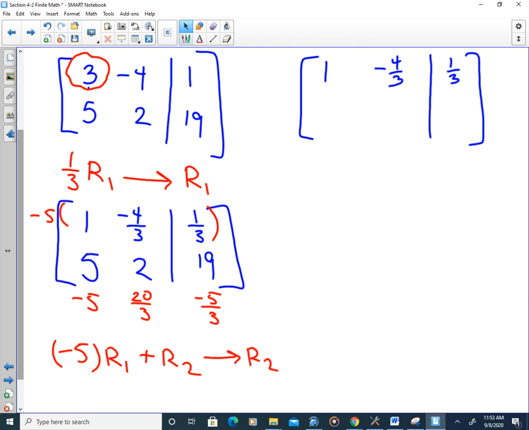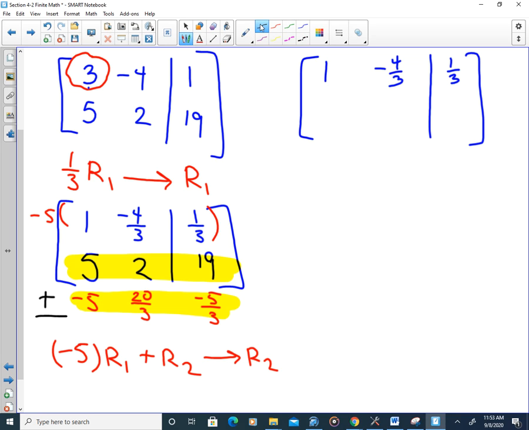So now, I'm going to take this row here and add it to this row. I'm going to add these 2 rows together. So 5 plus -5 is 0. 2 plus 20/3. Well, let's change 2 to 6/3. So 6/3 plus 20/3 would be 26/3.